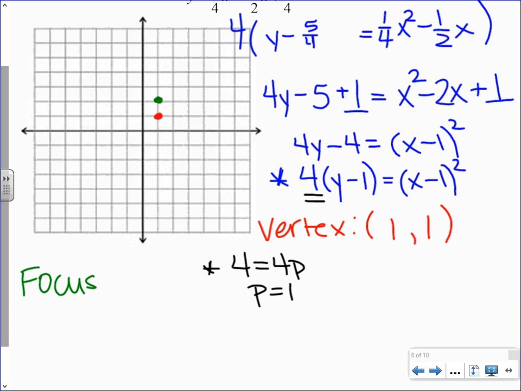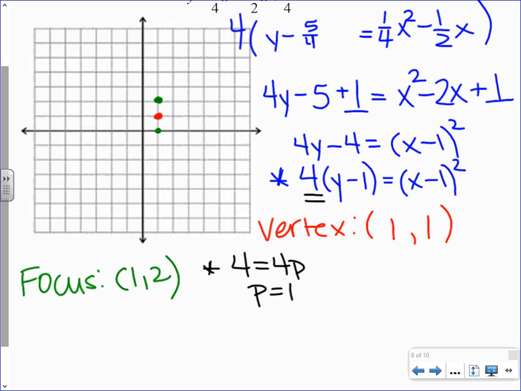So now we're going to label it as the coordinate (1, 2). If our parabola is opening up, our focus needs to be inside, so we move up p. Now our directrix is on the other side, so from our vertex, we'll move the other direction p.